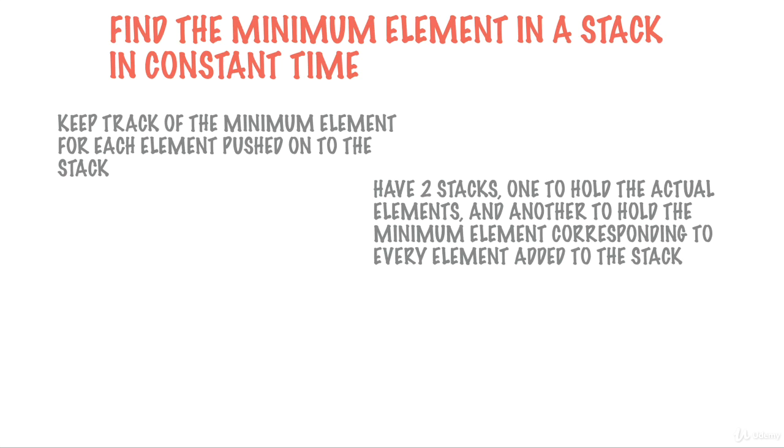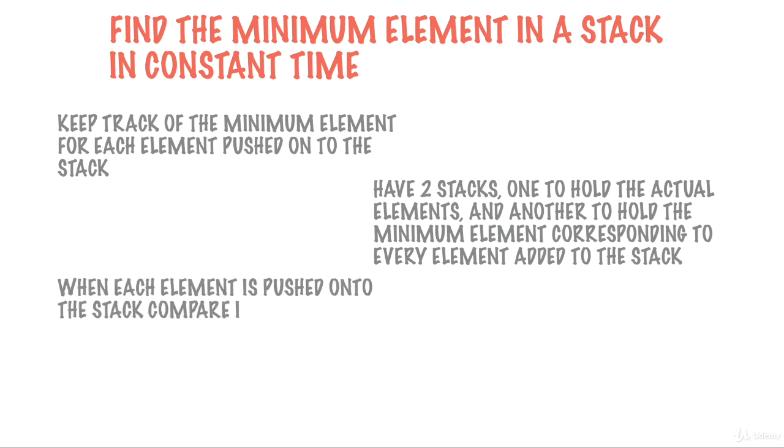We'll have two stacks, one to hold the actual elements and another to hold the minimum element corresponding to every element that we've added to the original stack. We have two stacks running at a point in time, one of which is purely to store the minimum element for every corresponding element that we've added to the original stack.